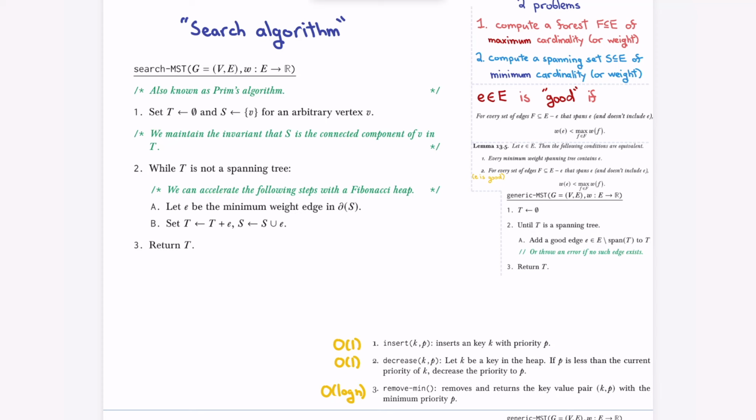All right. How long would it take? Yeah, m plus n log n. It is correct. But how do we actually implement it? It's a little tricky.